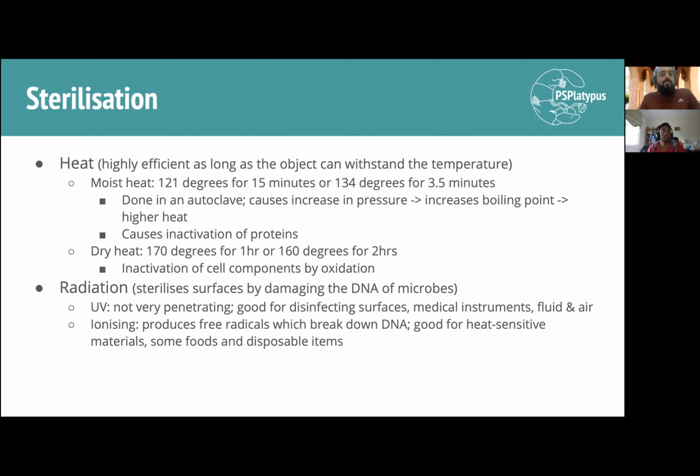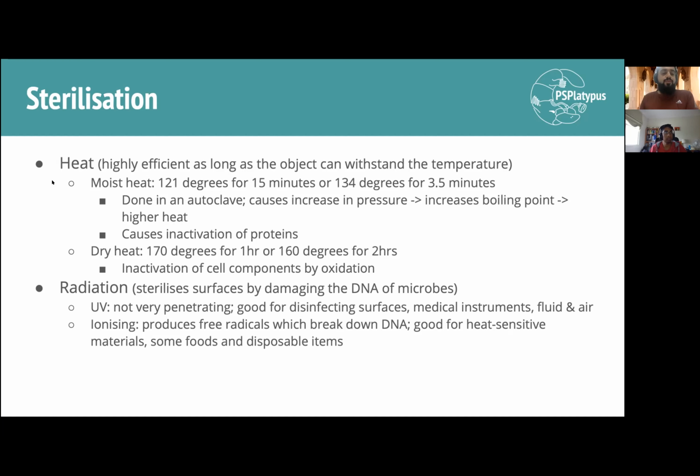So for sterilization, there are a number of ways to sterilize things. Firstly, heat. In other words, we cook the pathogen. We kill them by cooking them. So it is highly efficient.